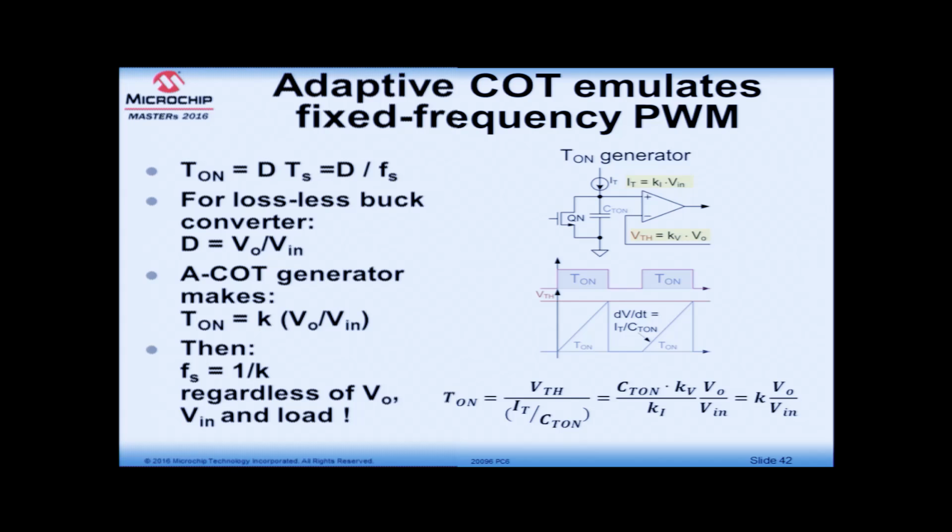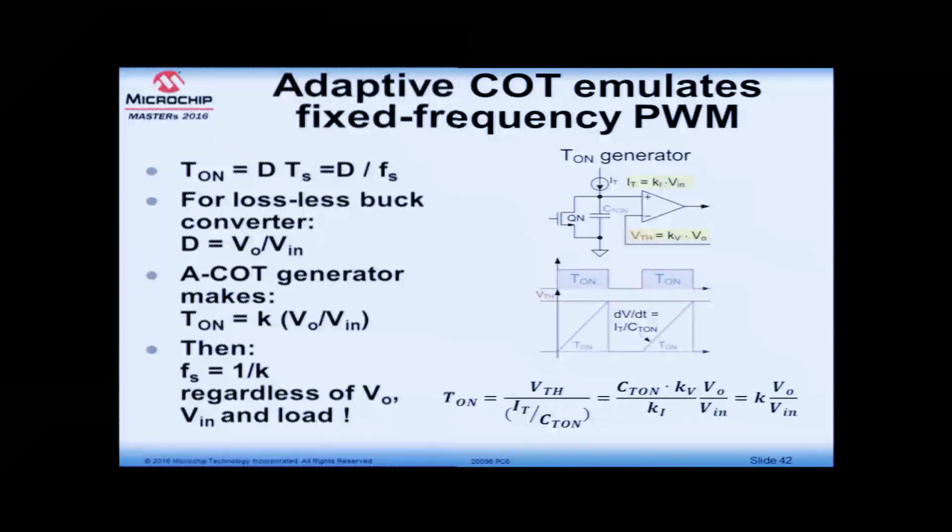So the basic fact is that adaptive constant on-time is only trying to emulate the behavior of a fixed frequency PWM part. For any type of switching converter, we can write that the on-time is the duty cycle times the switching period. But only in the case of a lossless buck converter, we can also write that the duty cycle equals V out over V in.